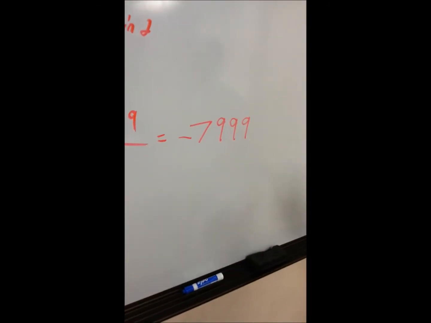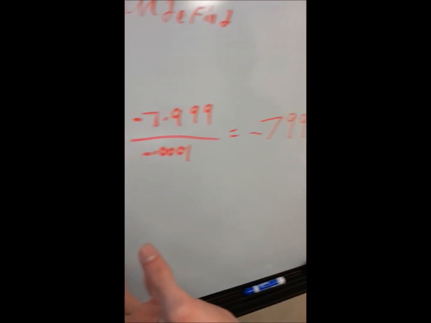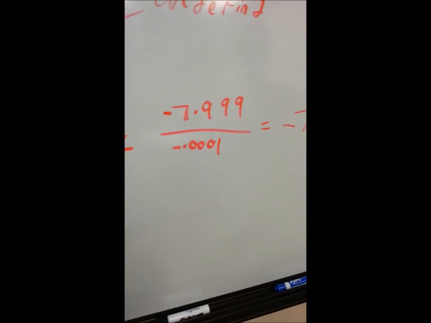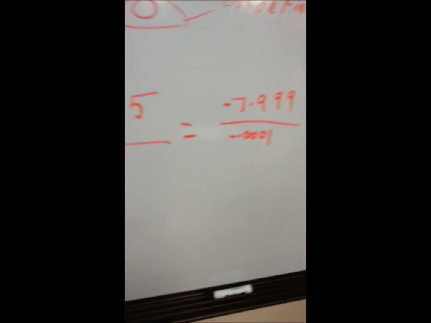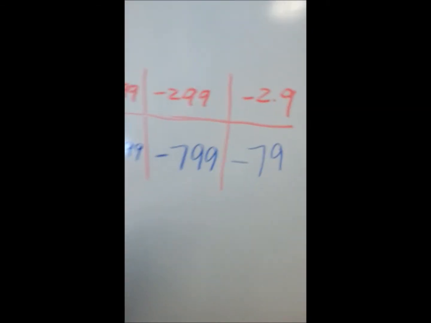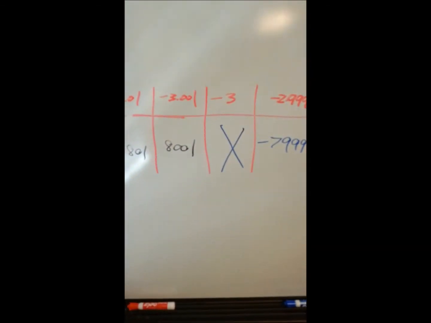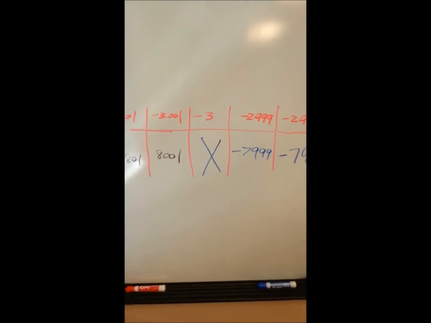We see that we plugged in this number really close to negative 3, and we get a large negative number. Back to the chart, we did this several times with numbers getting closer and closer to negative 3 each time.